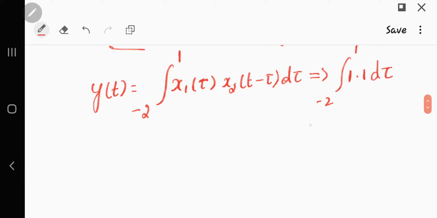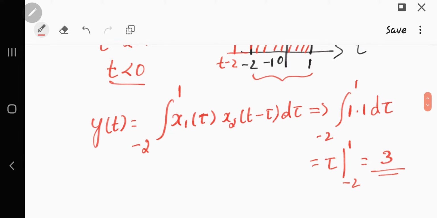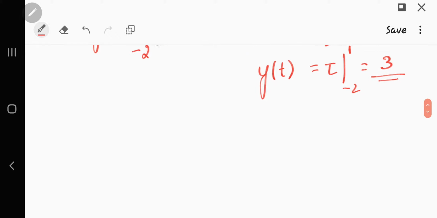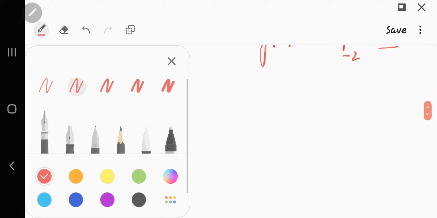The integration of 1 is tau with respect to tau. If you apply the limits and simplify, you will get the answer 3. So for t less than 0, y of t is equal to 3. This is the first case. Now let's take the second case.